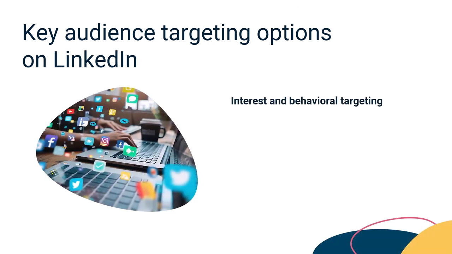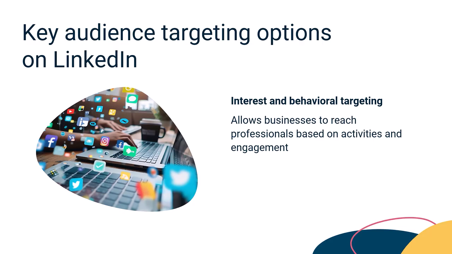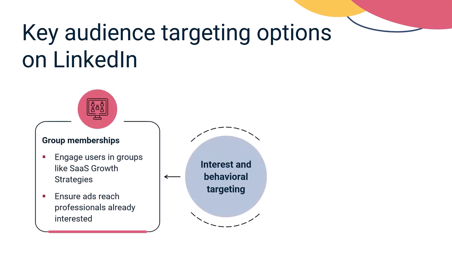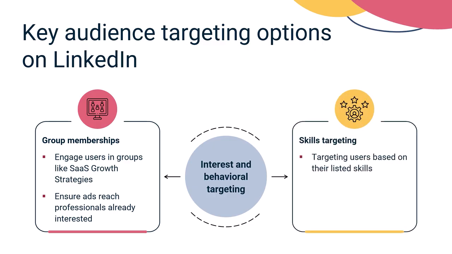Interest and behavioral targeting allows businesses to reach professionals based on their activities and engagement on LinkedIn. Engaging users in groups like SaaS growth strategies ensures that ads reach professionals already interested in the subject matter. Targeting users based on their listed skills, like project management and data analytics, can help them benefit from specific solutions related to their expertise.